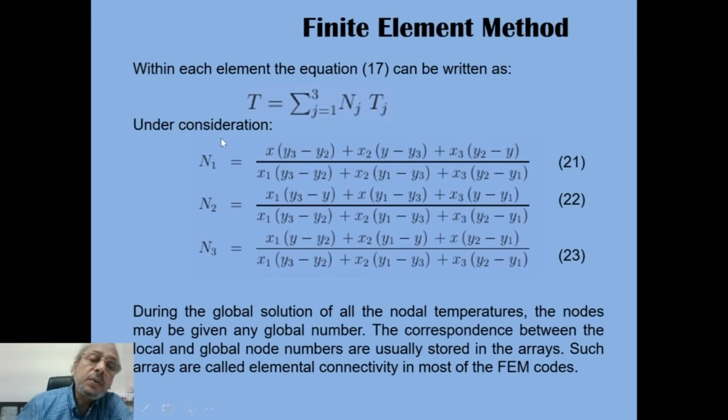So whatever we wrote for Ni, Nj, Nk, simply i is substituted by 1, j by 2, and k by 3, and xi, yi are substituted by x1, y1, xj, yj by x2, y2, and xk, yk by x3, y3, and we get equations 21, 22, 23.